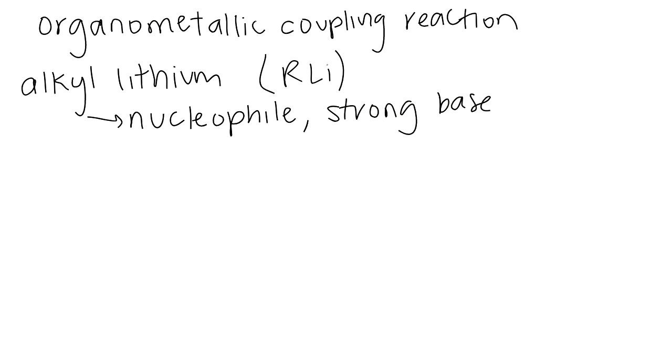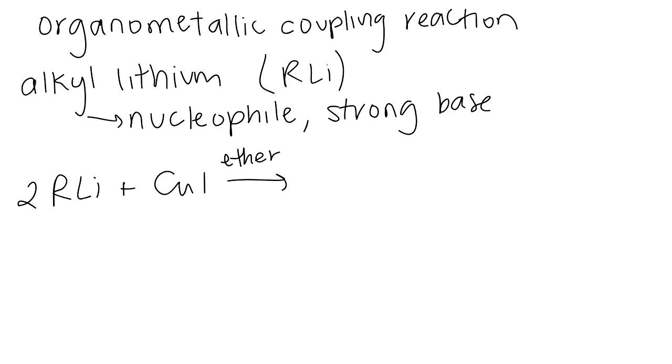So in order for us to make this type of compound, we're going to start off with our RLi compound, and we specifically need 2 of them. And from here, we're going to add some copper(I) iodide in ether.